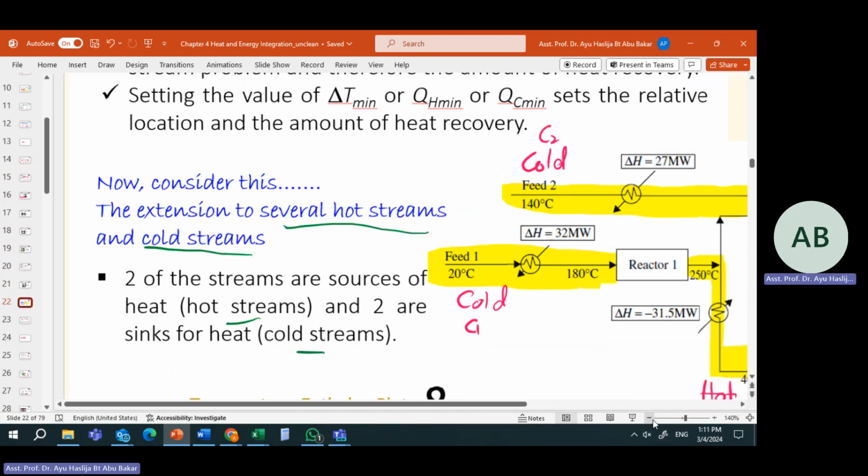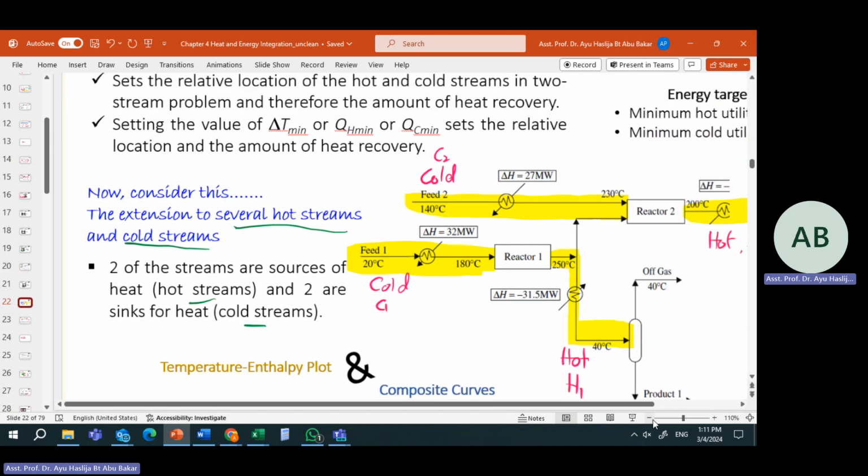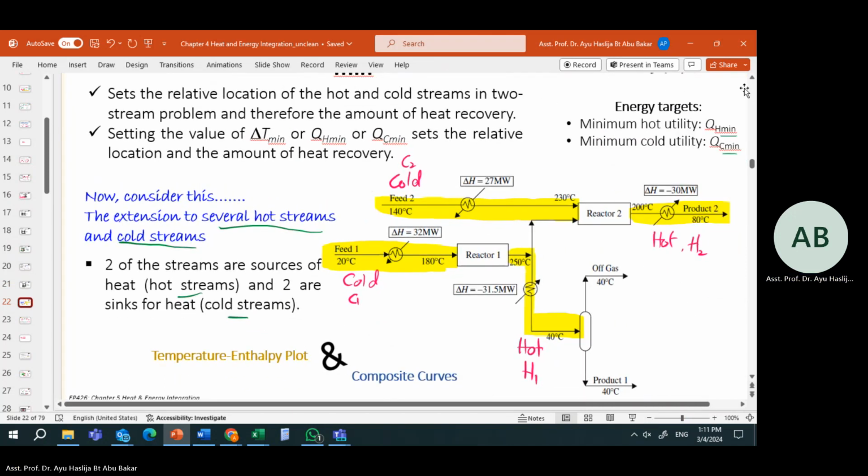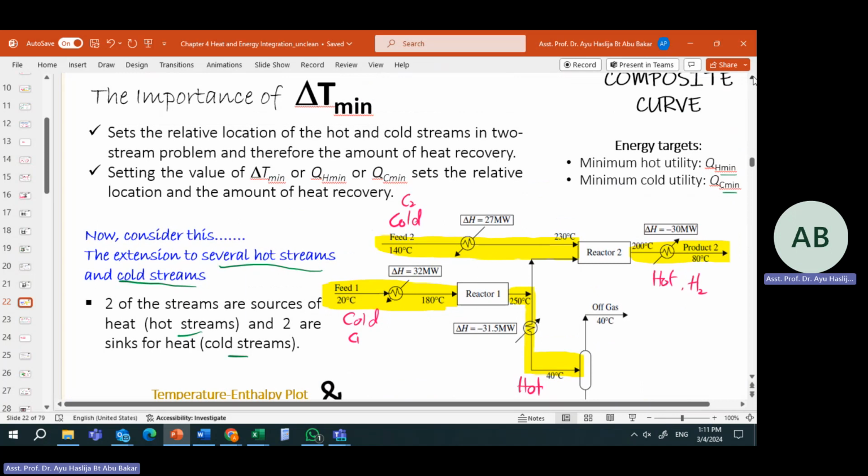Here, the importance of delta T min. Here it mentions you can either set your delta T min or the Q that you want to recover, QH min, QC min, the Q that you want to supply.